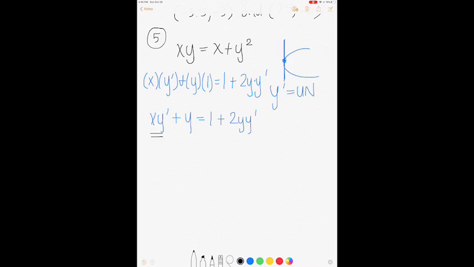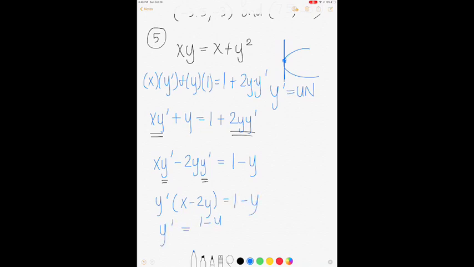Alright, let me move my y primes to the same side. Factor out my y prime. And divide both sides.